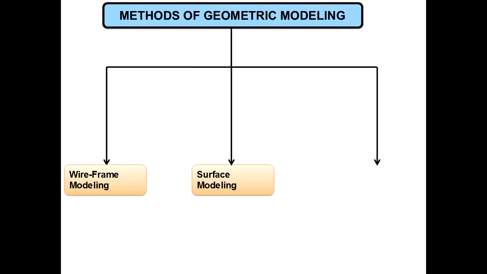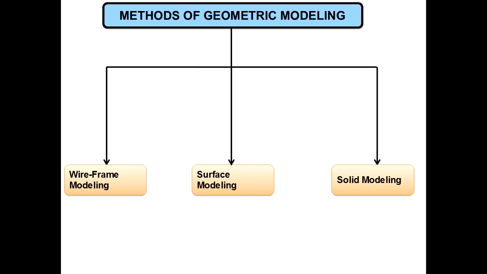So this is your surface modeling. Depending on the shape of the object, depending on the type of the object, the surfaces may vary. So when you join different surfaces together, we will have the surface models. Then finally we will have the solid modeling. Solid modeling is again the advanced part of the surface modeling.